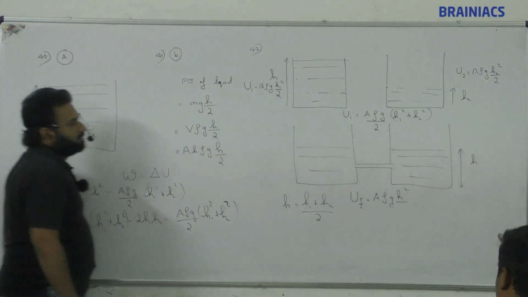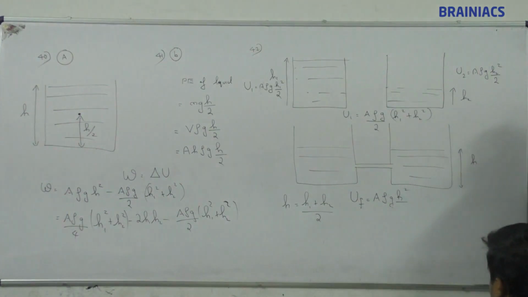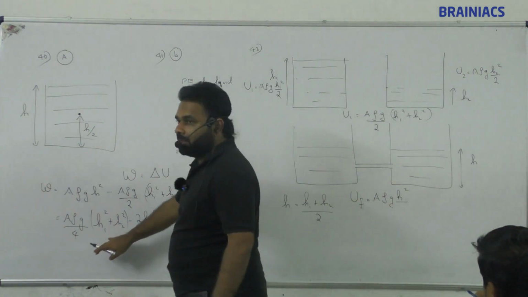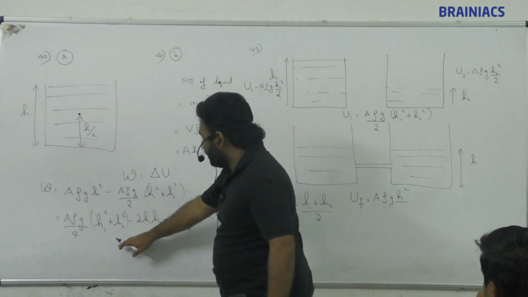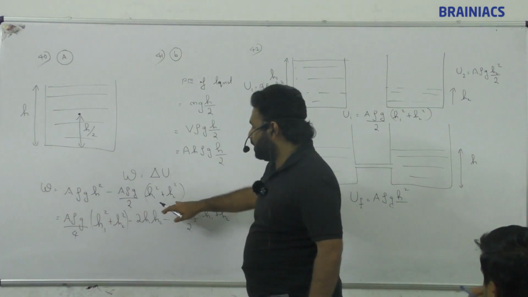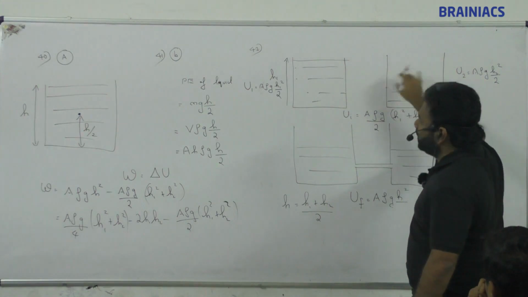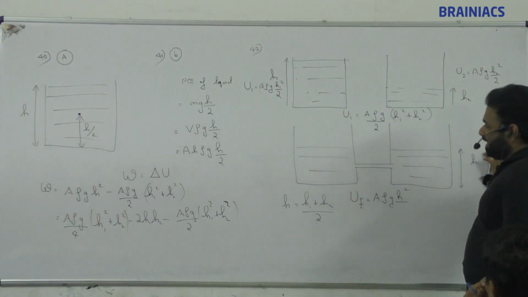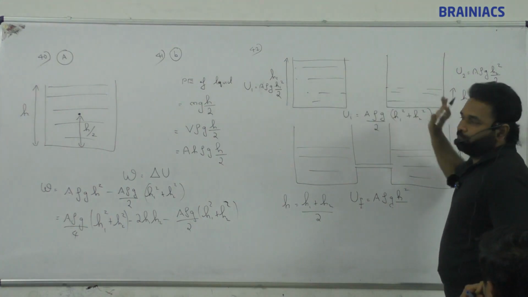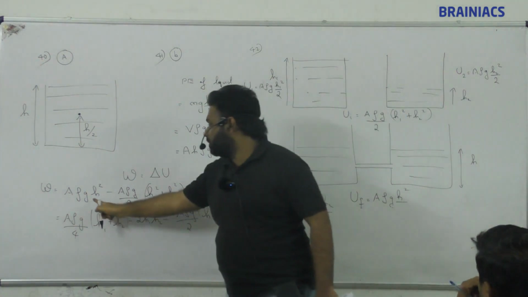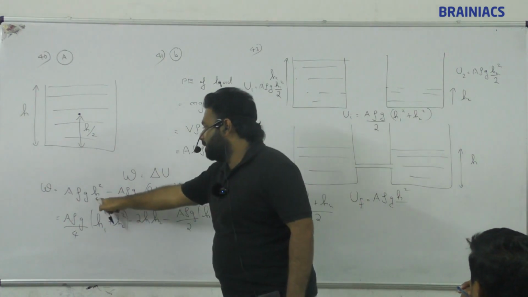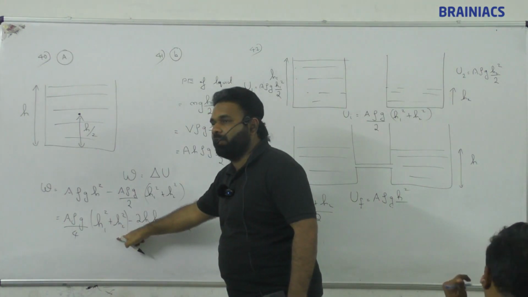Just look at this. Is it okay? Do you agree? This is h1, this is h2. When we connected, this became h, meaning this h will be the average of these two. Now I have substituted here h1 square plus h2 square.